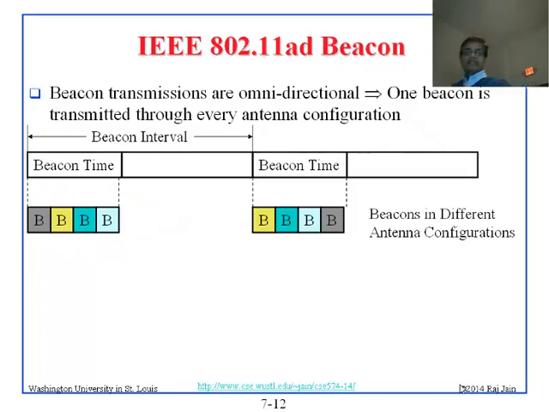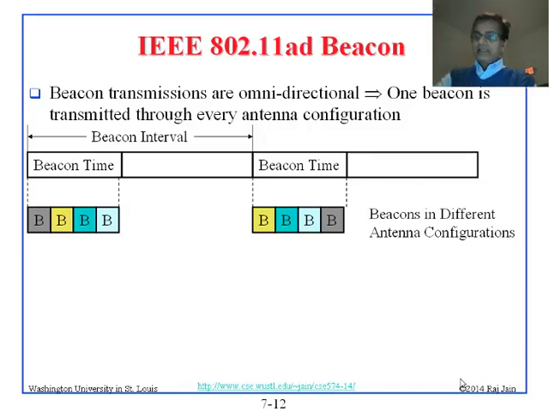Now the beacons, as I said, you have to send not just one beacon, you have to send many beacons in different antenna configurations. So you could have 3 antennas, but one antenna can move into 3 directions. So that is 3 sectors. You have many antennas, and each antenna has many sectors. For every configuration, you have to transmit to make sure that everybody hears it, right?